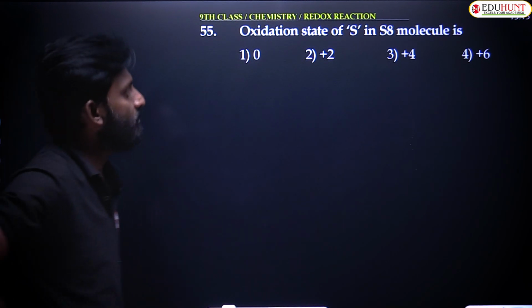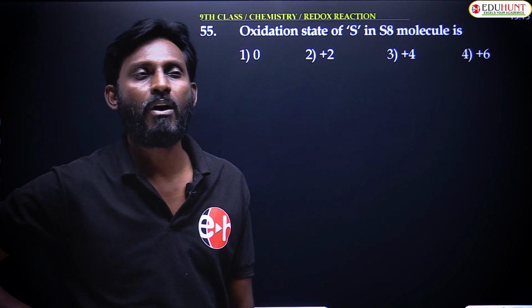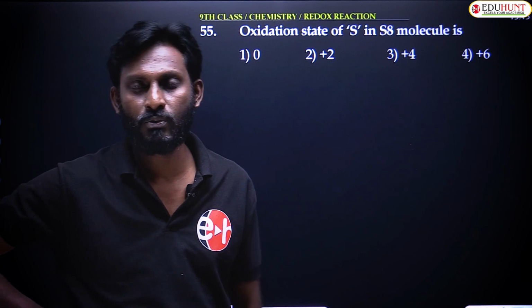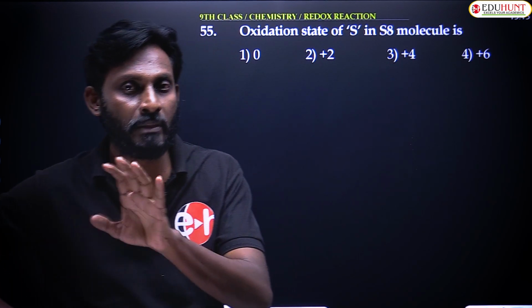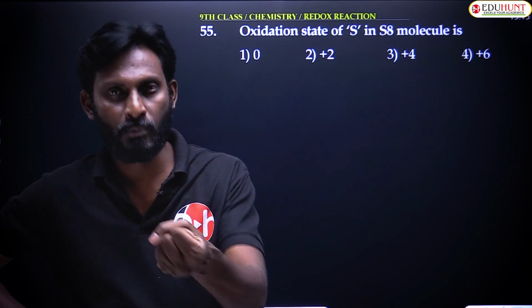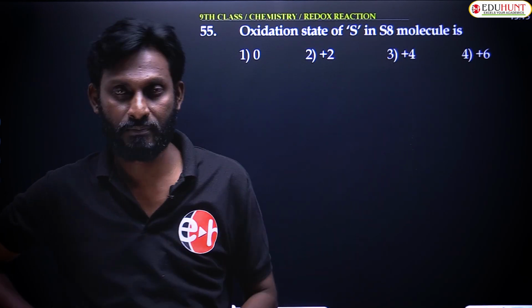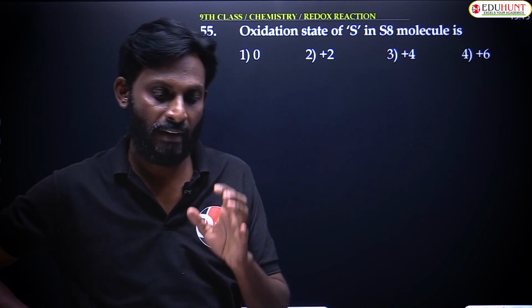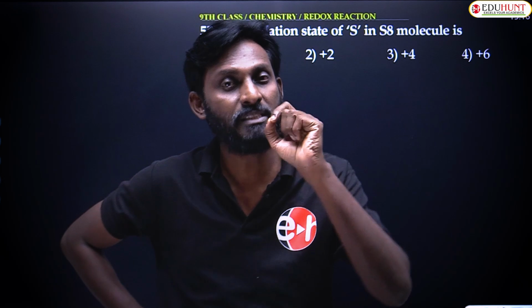Next, oxidation number of sulfur in S8 molecule, and also P4, N2, O2. When there is a group of same kind of atoms like S8, P4, it is elemental form. When an atom is in elemental form, its oxidation number is 0.